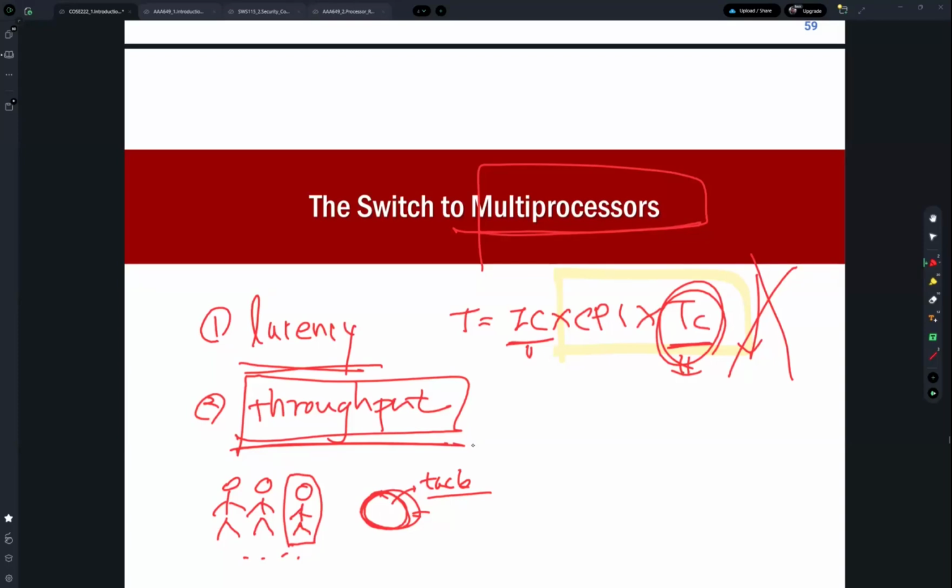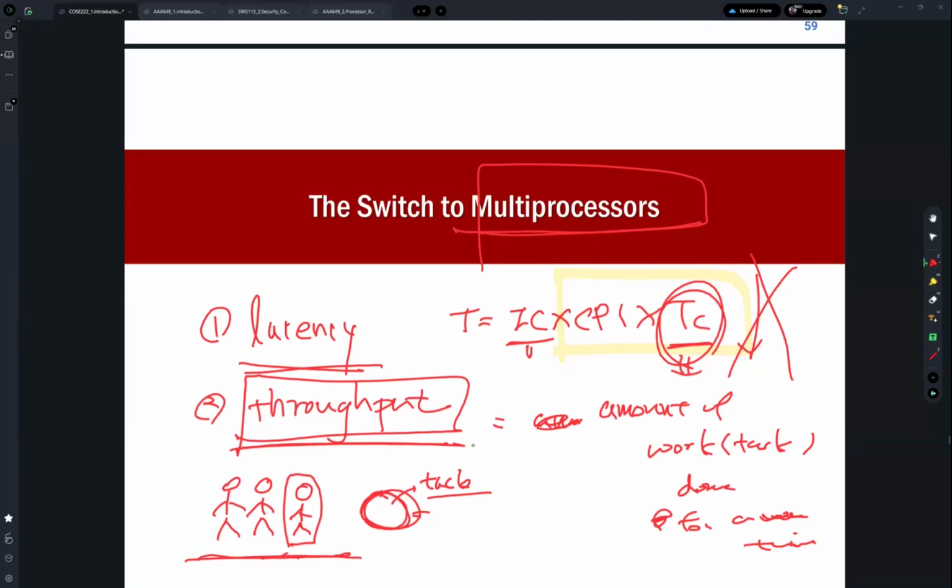So throughput is the amount of work or tasks done per unit time. To increase the throughput, we can increase the number of workers, as in our real life, right?